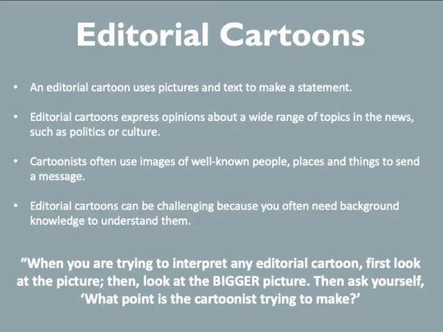An editorial cartoon is a cartoon that uses pictures and text to make a statement. It expresses an opinion about a wide range of topics in the news, such as politics, culture, and social injustices, like we've been learning about in our module so far.